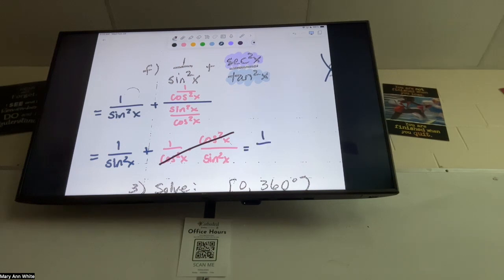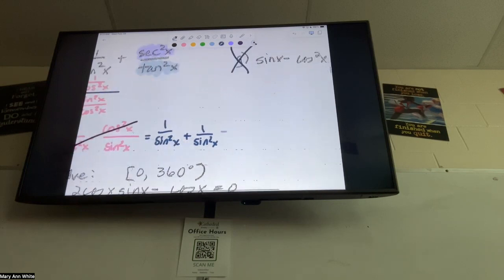So I've got 1 over sine squared x plus 1 over sine squared x. Huh, that's not bad. Normally I'd say let's get like denominators, but we already have them, right? What's 1 over sine squared x plus 1 over sine squared x? 2 over sine squared x.